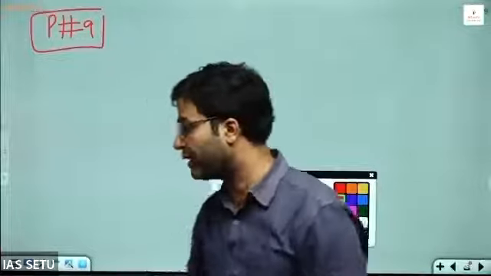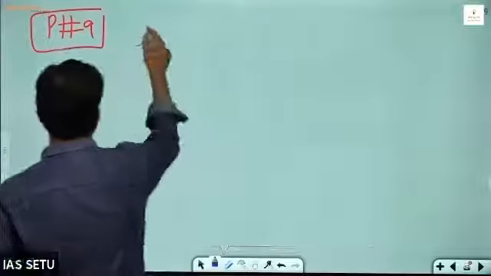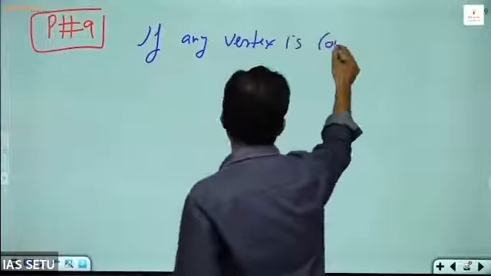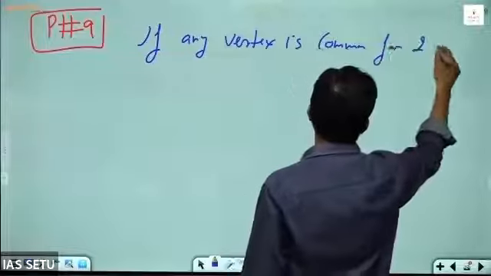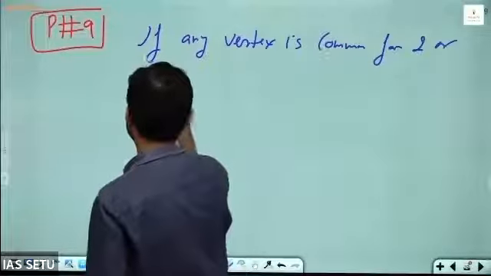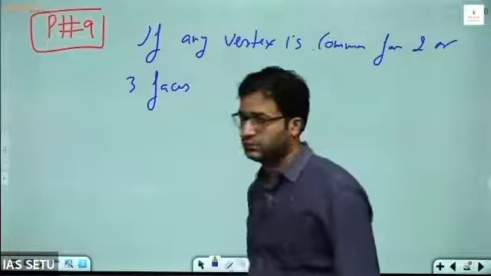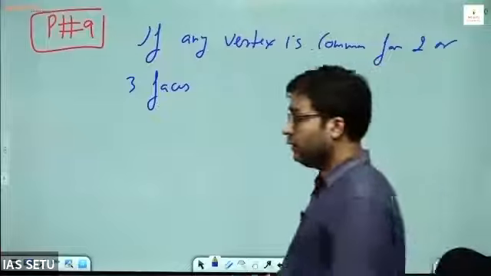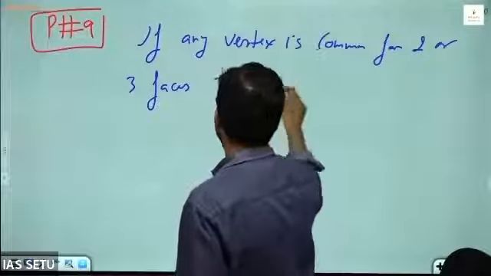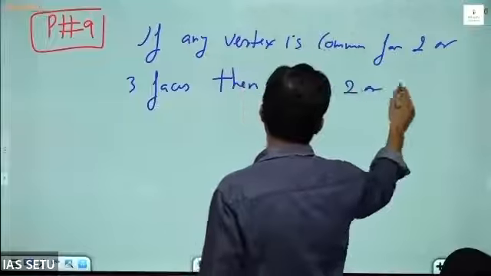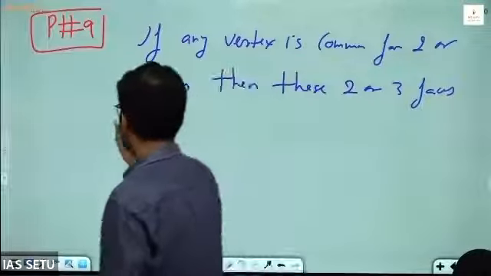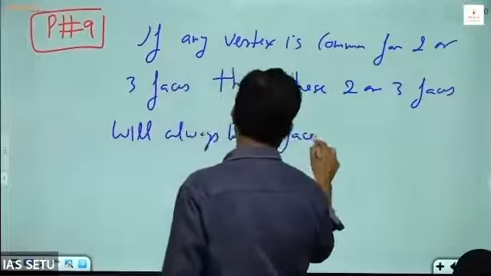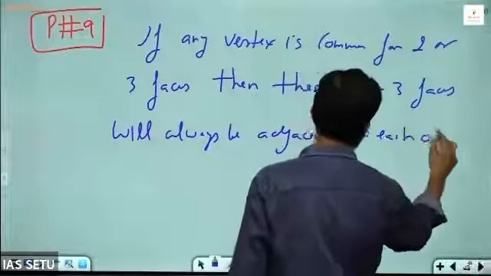So you write property number 9: if any vertex is common for 2 or 3 faces, then these 2 or 3 faces will always be adjacent to each other.